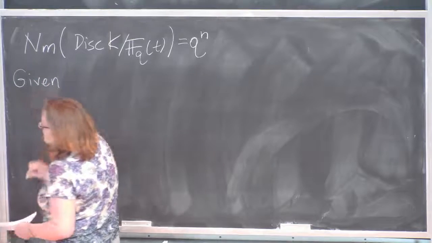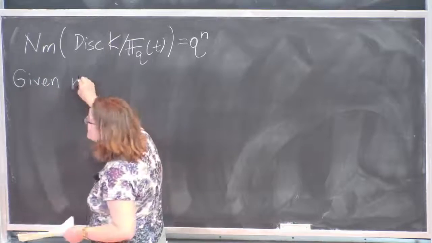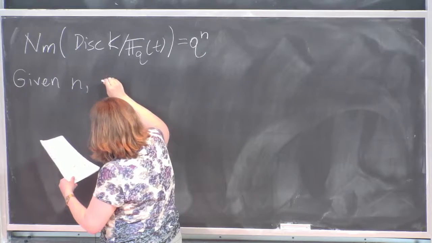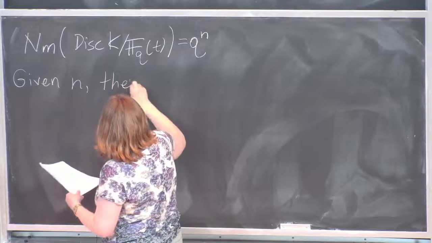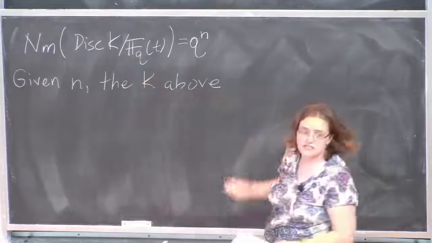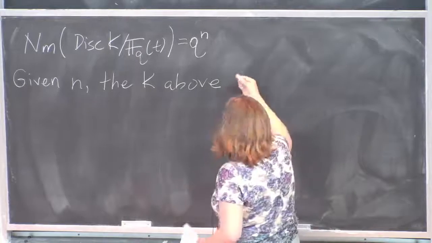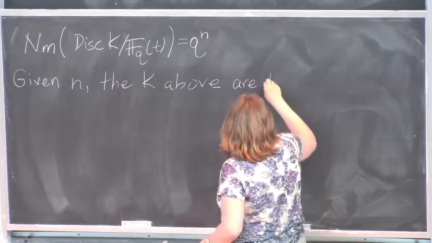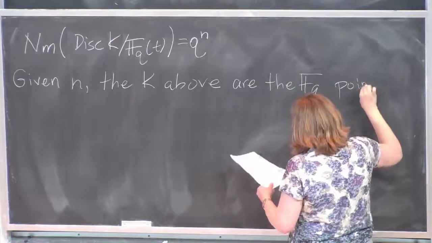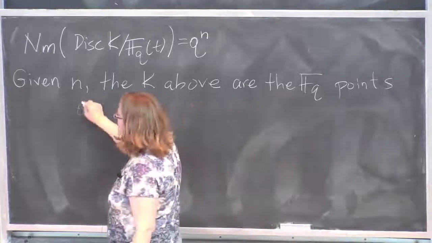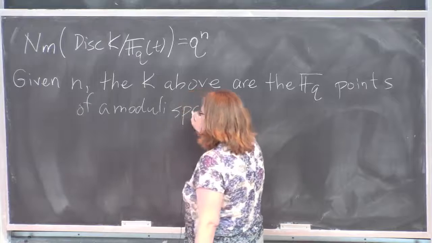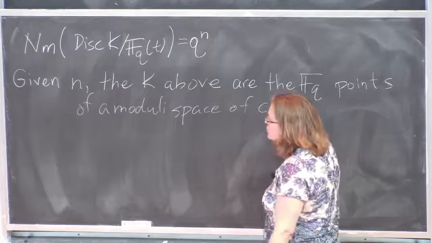And where the geometry really comes in is that given an exponent for the discriminant, the K whose discriminant has norm q to the n are essentially the FQ points of a moduli space of curves.